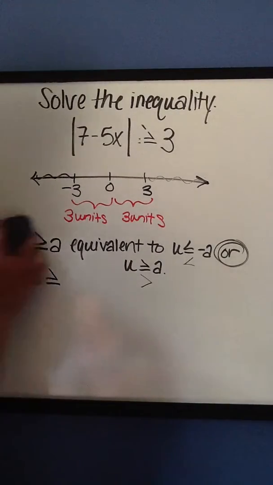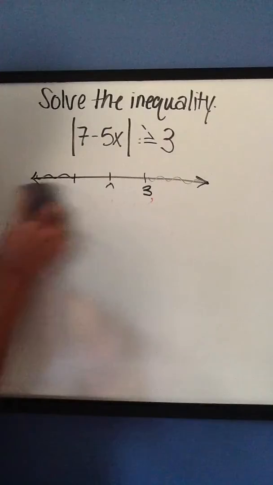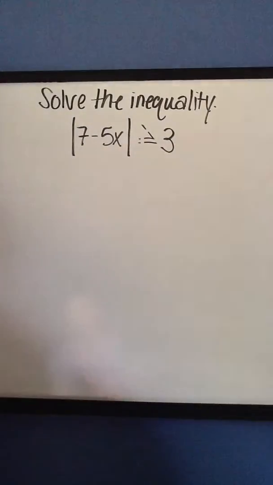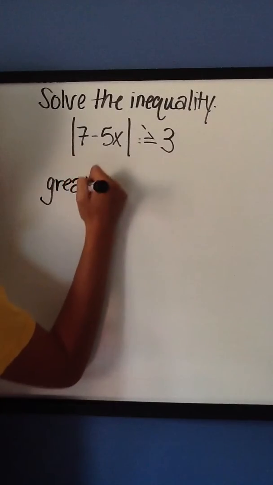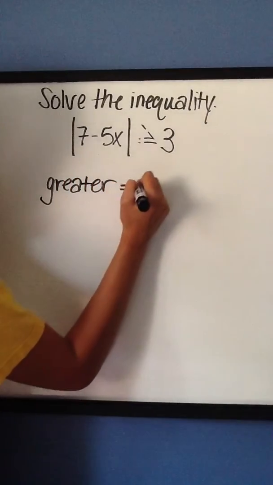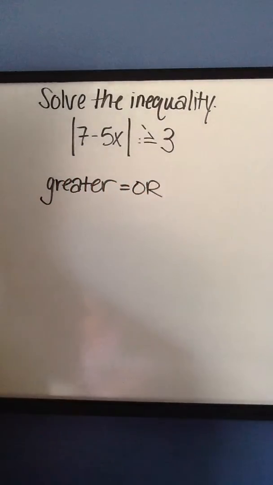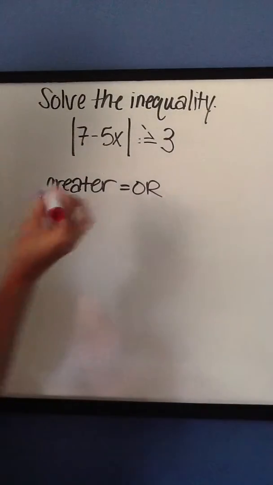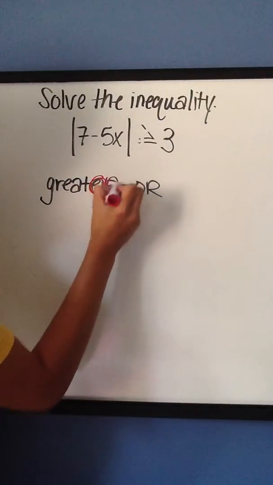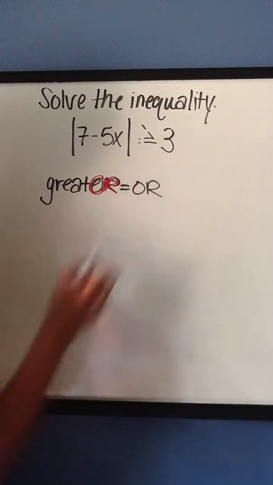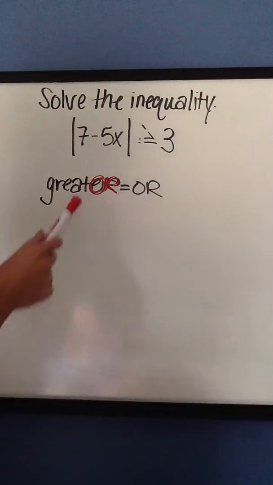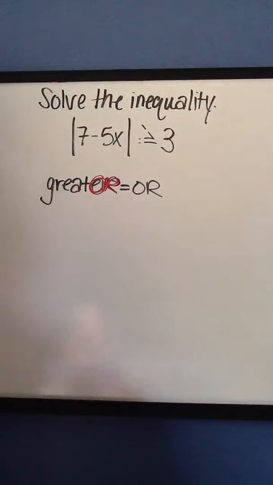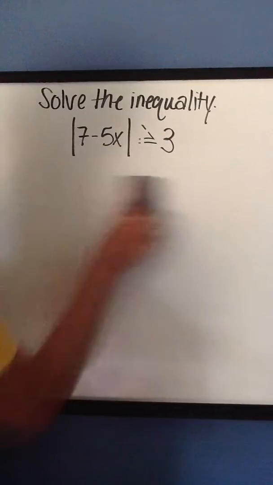And there's one very clever way to remember this, and that's simply by just looking at the word greater. So greater is equal to or, and you can remember this by simply looking at, here's or, right here. So whenever you have a greater sign, or a greater than or equal to, just remember that you use your or statements.